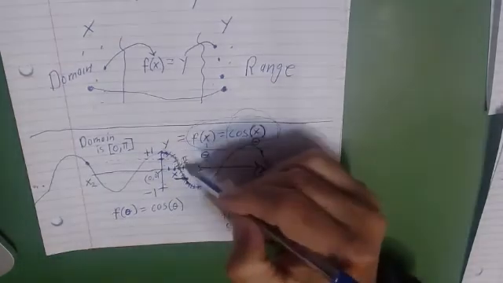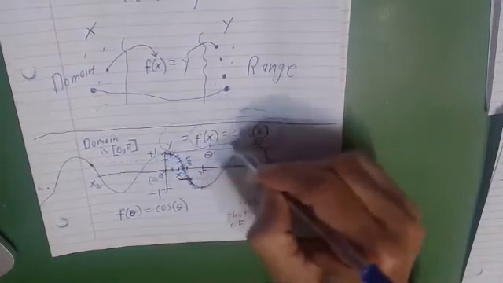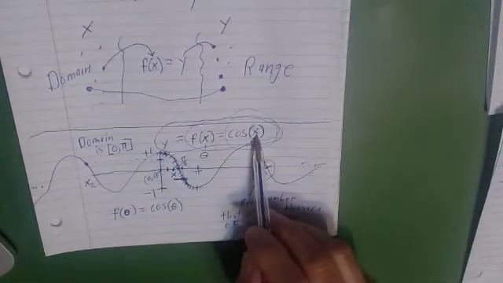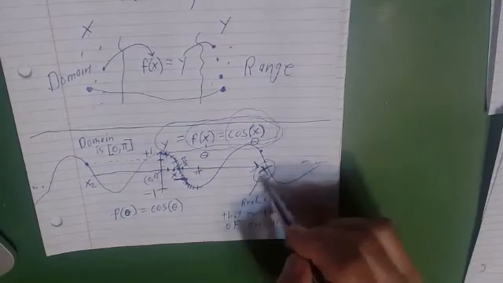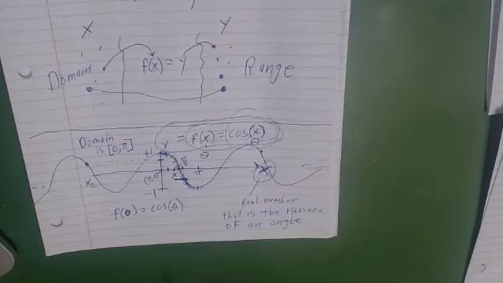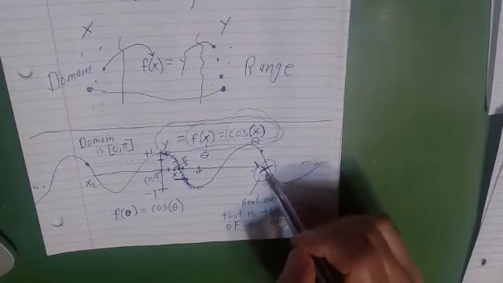Because it's 1-to-1, we're now allowed to have an inverse function for this cosine of x. And here x is the angle theta. So we could have written theta out here, and f of theta equals cosine theta. Or you could have written t, f of t equals cosine t.